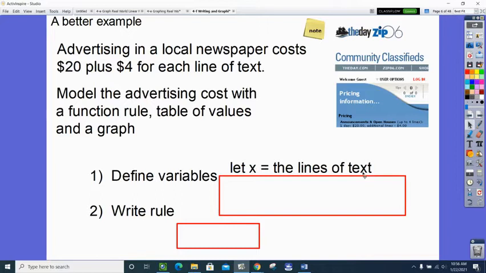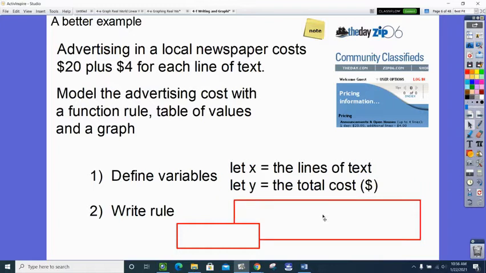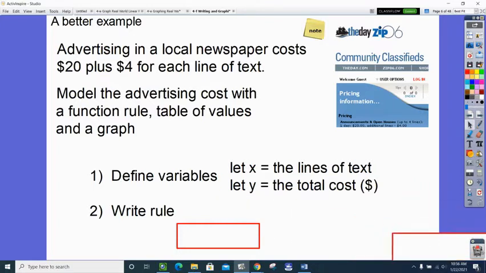What's the other thing that varies? It's the cost that I'm going to pay. Depending on how many lines of text I make, the more lines, the more money I have to pay. So Y is going to be the total cost. And notice I put the $ sign in there so everybody knows what currency I'm using.